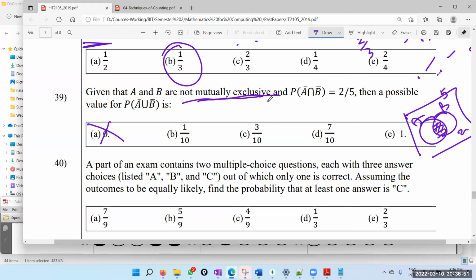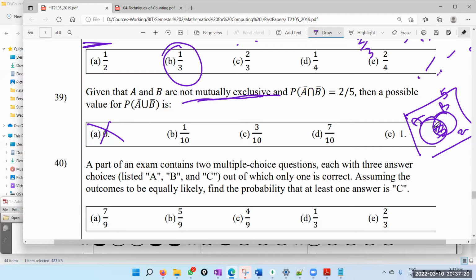Not mutually exclusive. Anyone got the answer? That looks weird. No? Weird for me. Possible values. Anything outside this, right? If you know this one, but they have not given us enough information for that.